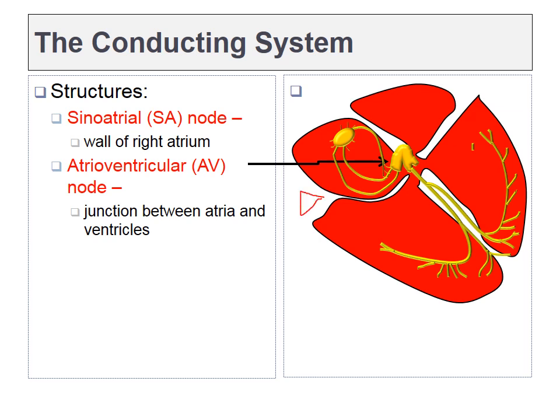If you remember the fibrous skeleton, I mentioned that there was a bunch of connective tissue that electrically insulated the atria from the ventricles. Therefore, an electrical signal from the atria can only get to the ventricles if it passes through the AV node first. It cannot go across any of the other connective tissue.